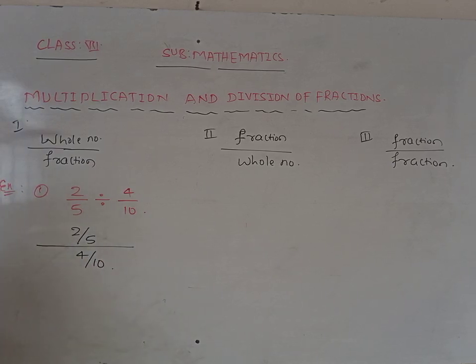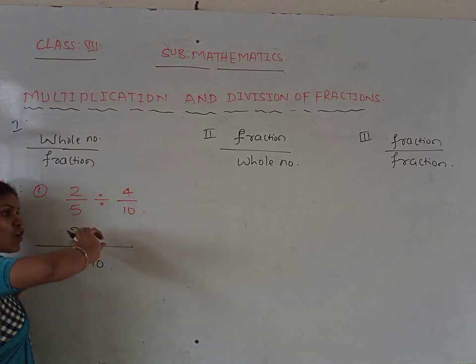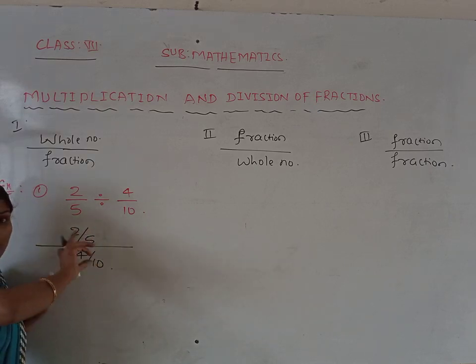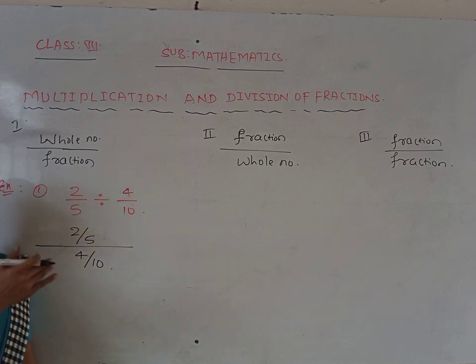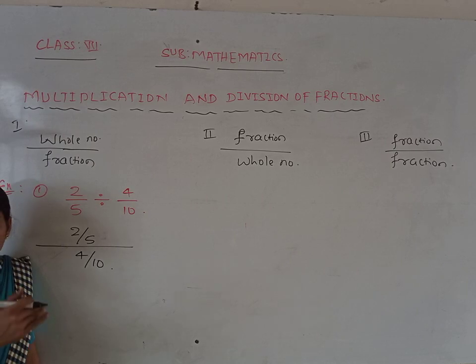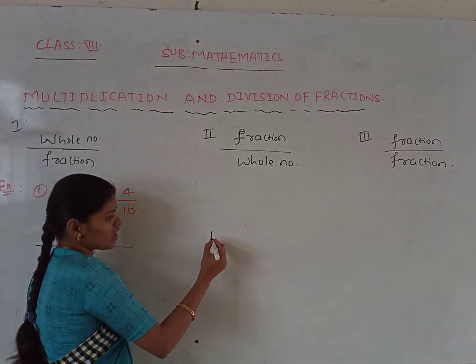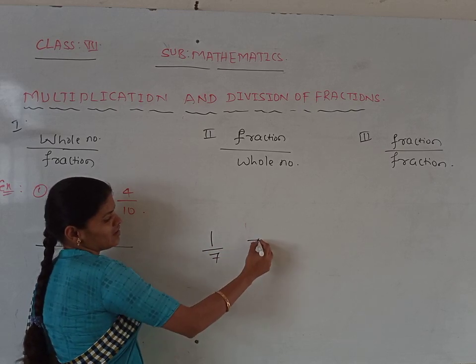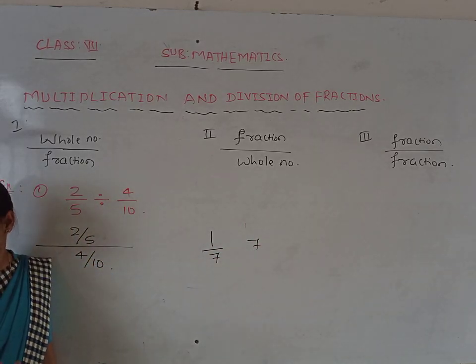To simplify, we will take the reciprocal. Reciprocal means ulta: your numerator value becomes the denominator, and the denominator becomes the numerator. What is the reciprocal of 1 by 7? 7, or 7 by 1.